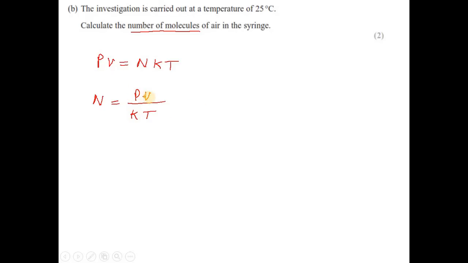gradient of the previous question, k is the Boltzmann constant given in your formula sheet, and T is the temperature in Kelvin. So you must add 273 to convert this into Kelvin. If you do that and use all the values, PV is the gradient that you found in your previous question, 0.3, k is the Boltzmann constant, which is 1.38 times 10 to the power minus 23, times temperature after converting into Kelvin, it is 298.